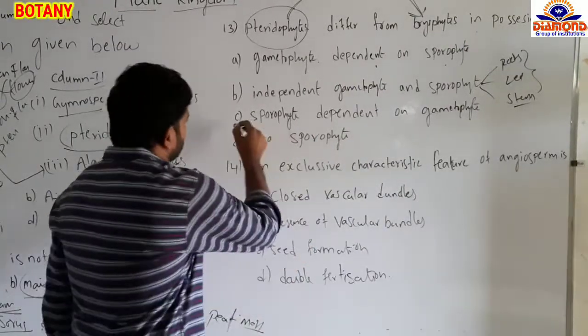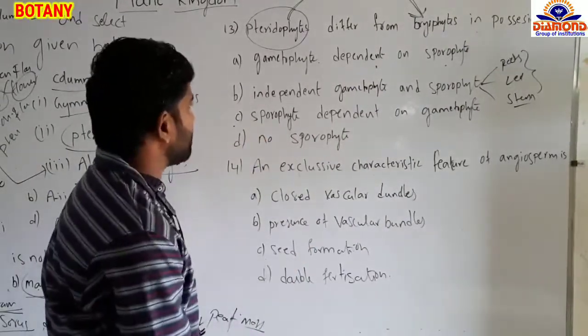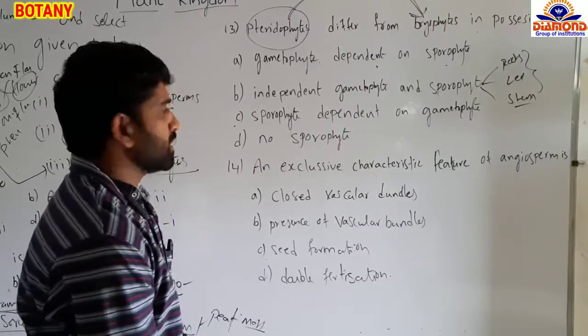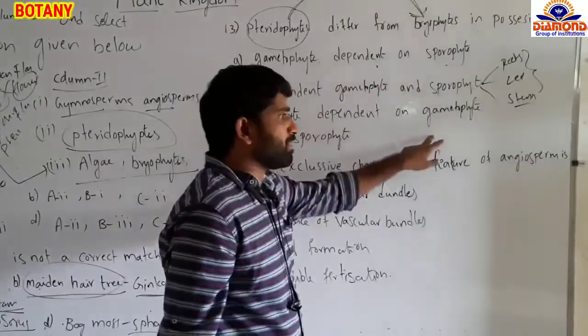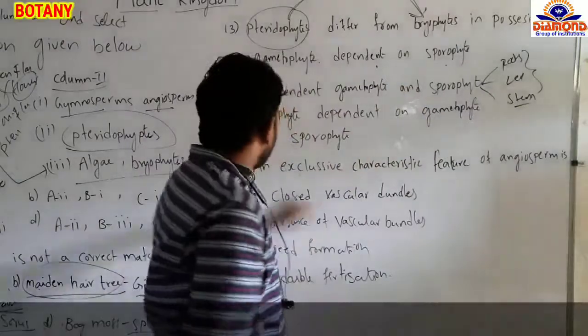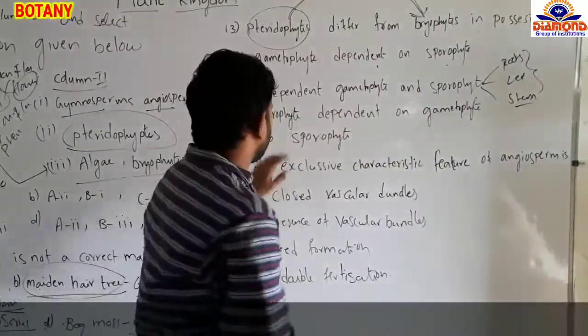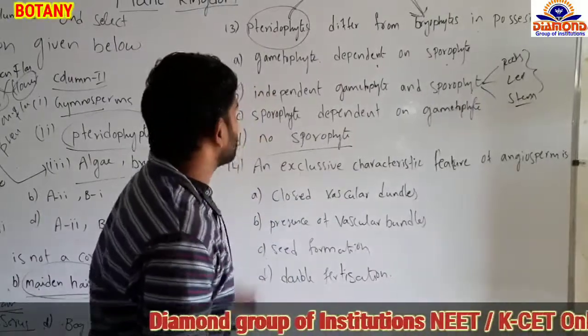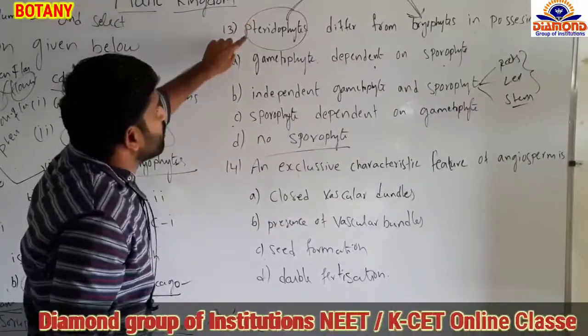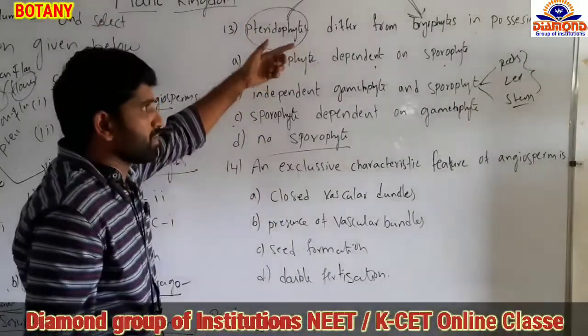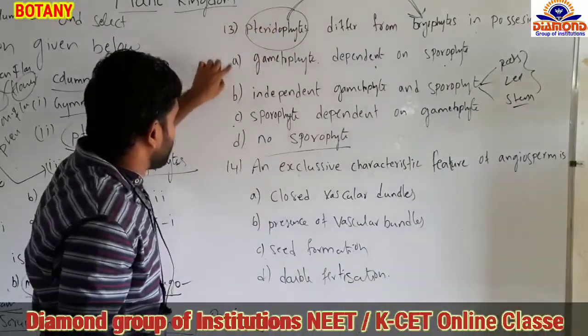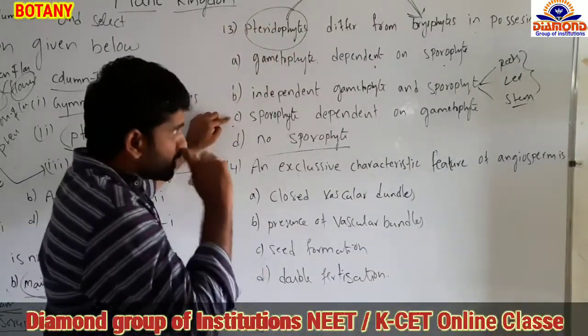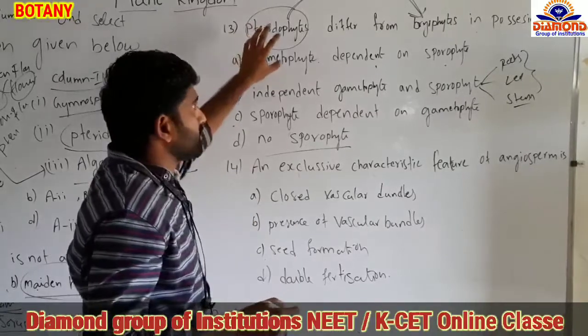And option C: sporophyte depends on a gametophyte. That's a character of bryophytes. The sporophyte body is seen in both bryophytes and pteridophytes. The question asks how pteridophytes differ from bryophytes, so we have to show the differences.